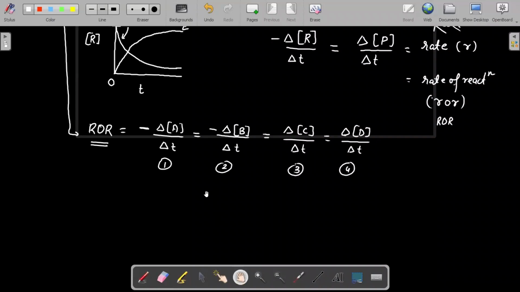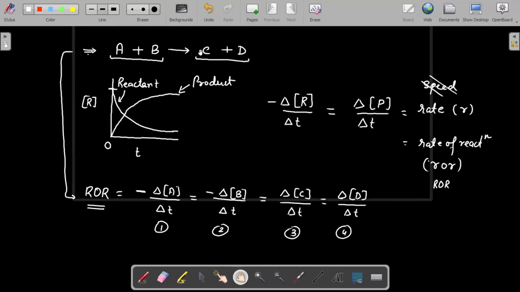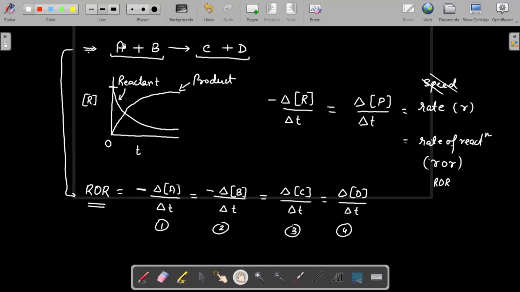Because here we have taken the hypothetical equation A plus B gives me C plus D. Any one out of the reactants or products, if I know the concentration of any one of them, say I know the concentration of B only, I am not dependent on the concentration of C, D or A. By knowing the concentration of any one of these 4, I can calculate the rate of reaction. In fact, by knowing the concentration of one and the rate of reaction, I can calculate the concentration of the other 3 unknowns using this formula.